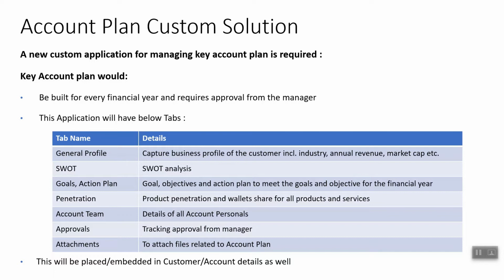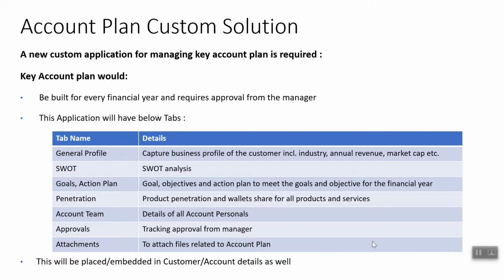The penetration, where we'll talk about the product penetration, wallet share for all products and services. Account team, where we will have the details of all the account personnel involved for this key account plan. The approvals, where we'll do tracking of approval from the manager. The attachments, to attach files related to the account plan.